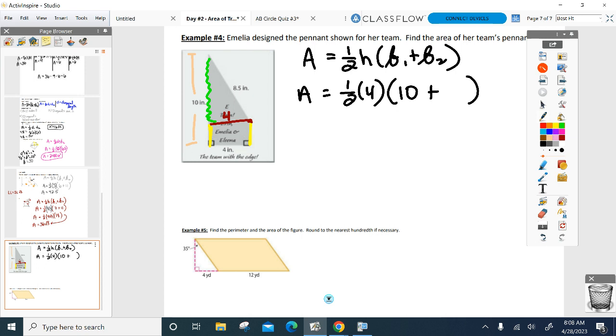All right, so I'm going to do Pythag. And I'll say 4 squared plus b squared equals hypotenuse 8.5 squared.